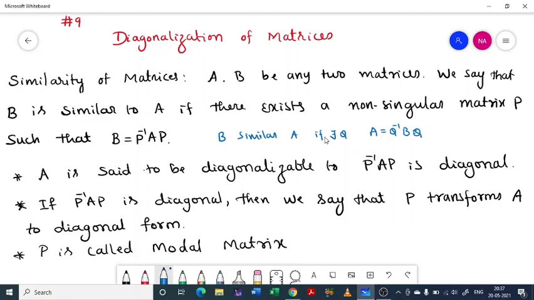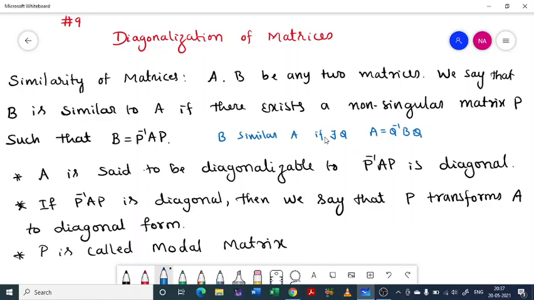So this is the definition of similarity of matrices: B is similar to A if there exists a non-singular matrix P such that B equals P inverse AP. Otherwise, we don't consider the case. So that is about similarity of matrices.